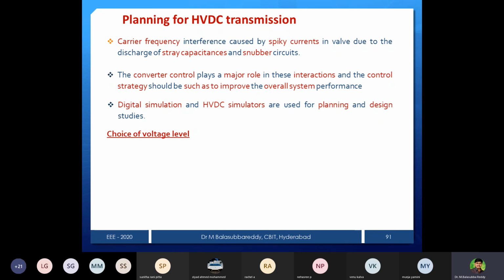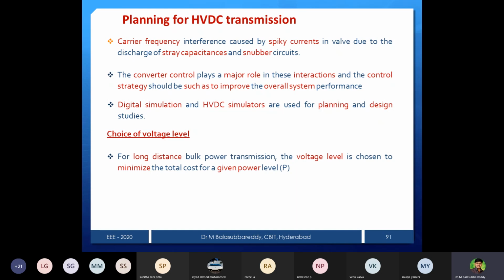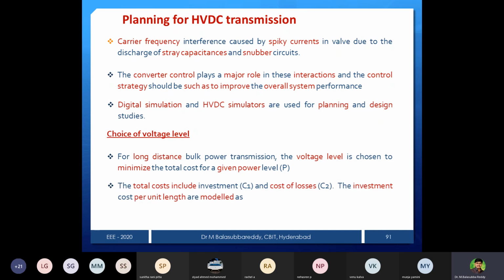What is the voltage level impact here? It is to minimize the cost of the plant, and what the optimal voltage levels are that are required is also a consideration here. You can see that for long distance bulk power transmission, the voltage level is chosen to minimize the total cost for a given power level. So what does the total cost include?